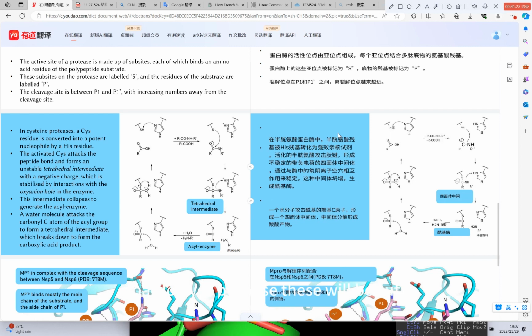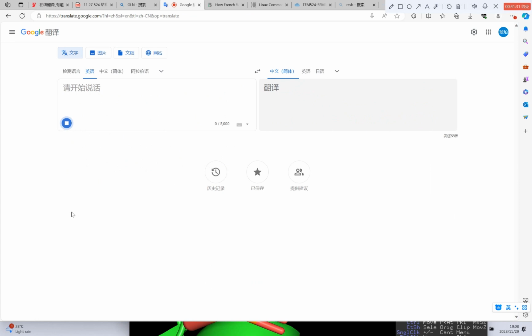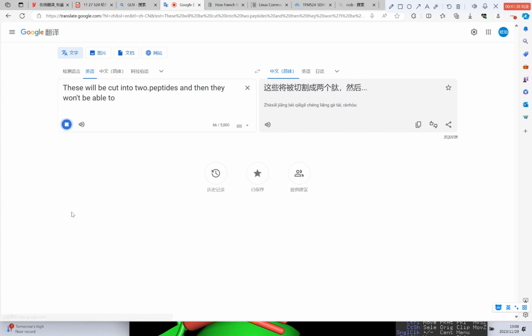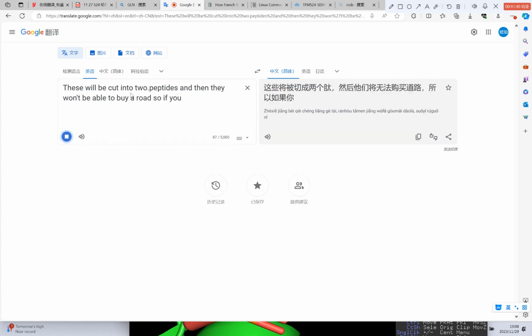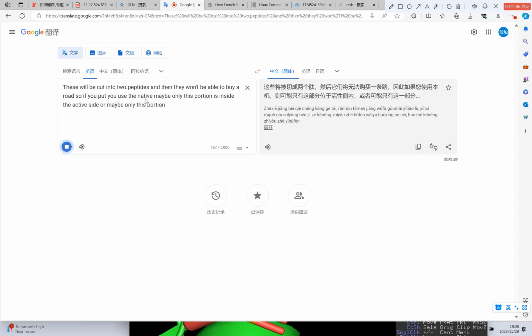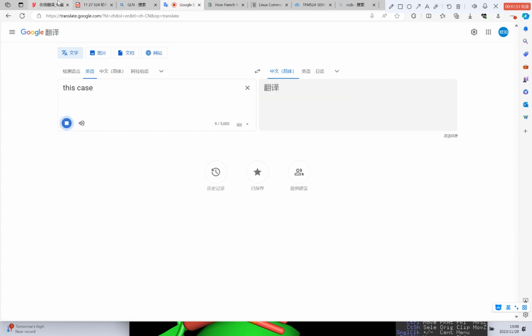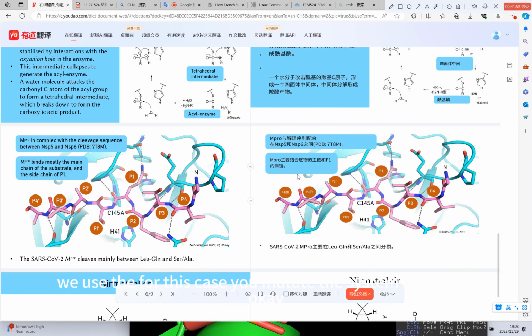Yes, because these will be cut into two peptides, and then they won't be able to bind already. So if you use the native, maybe only this portion is inside the active site, or maybe only this portion. You cannot see the whole thing. Usually for this case, you mutate the cysteine into alanine.